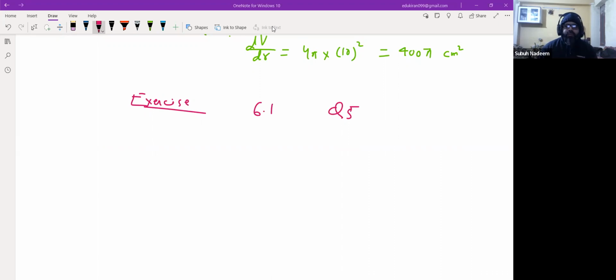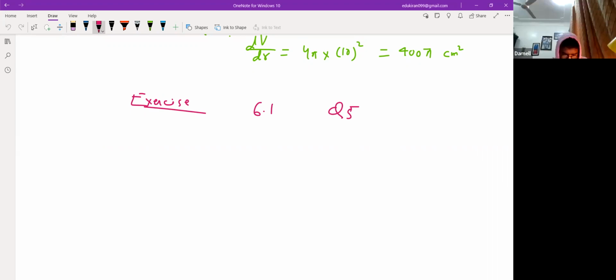Here you have to differentiate with respect to time. So is it 80π?